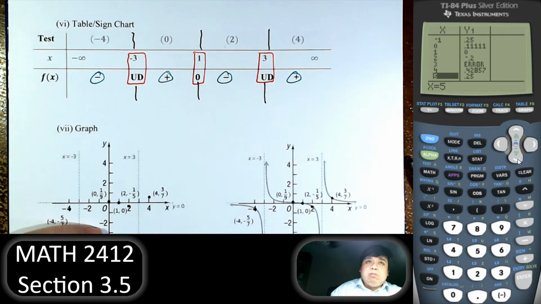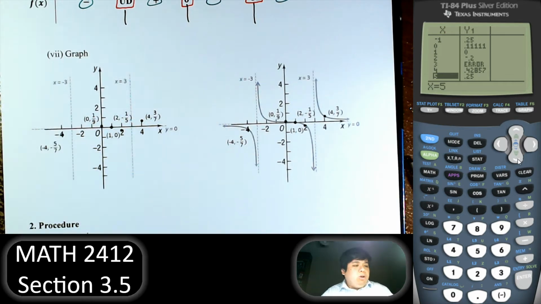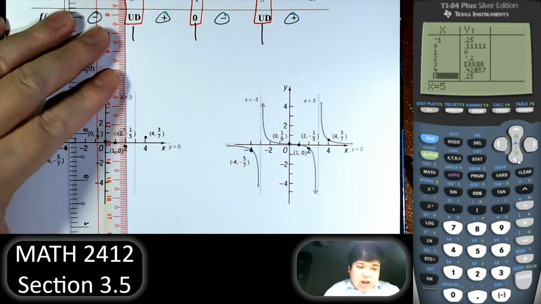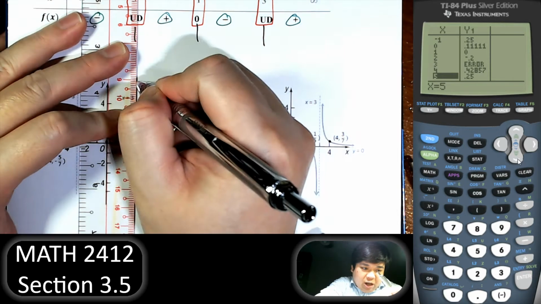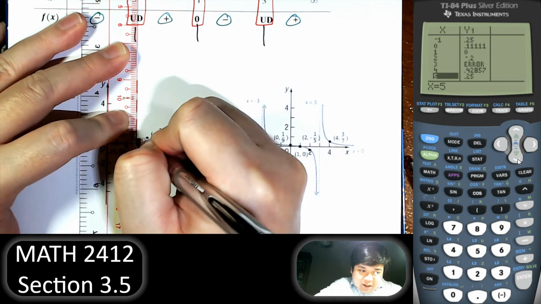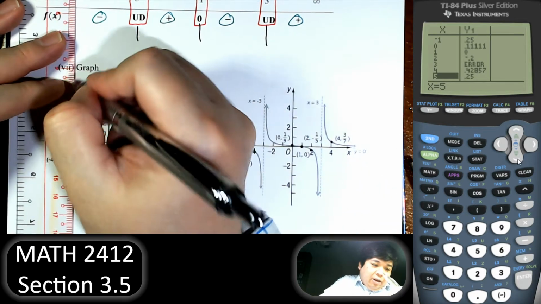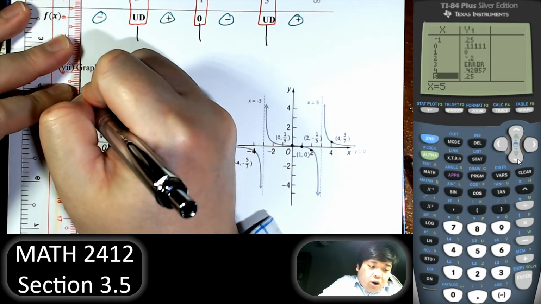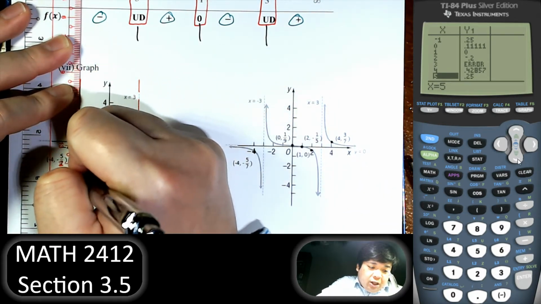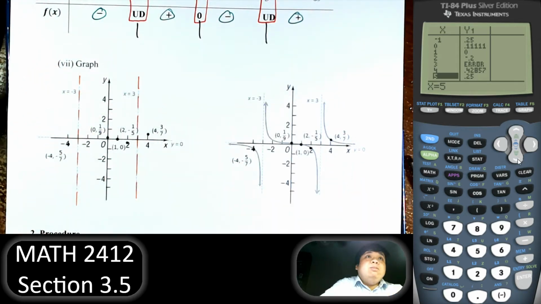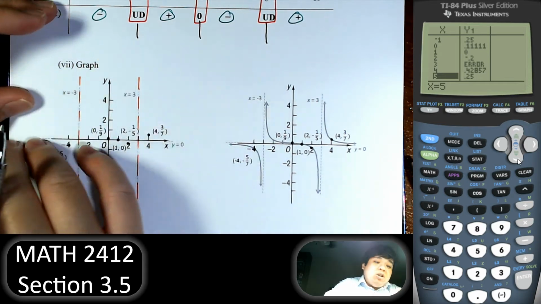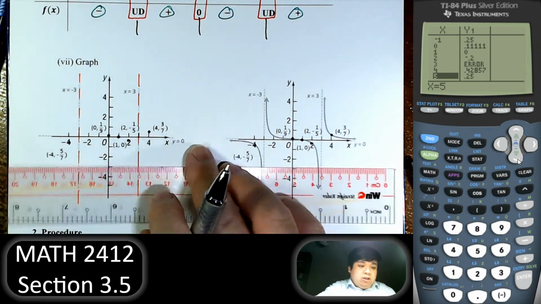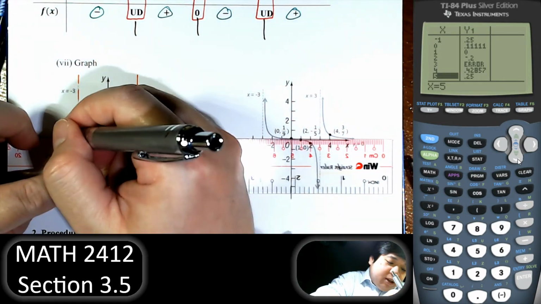Right. Now, the graph. Put all the features that we have. First, we have two vertical asymptotes, so we put those in first. The asymptote is not part of the graph, so that's why we do it with a dash line. The horizontal asymptote is y equal to 0, so that's here.